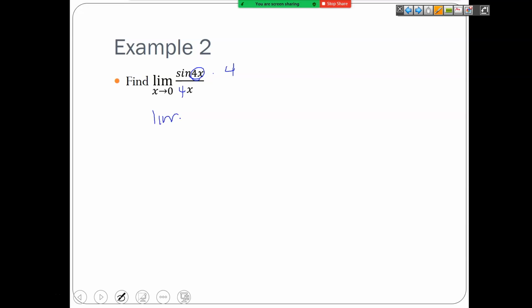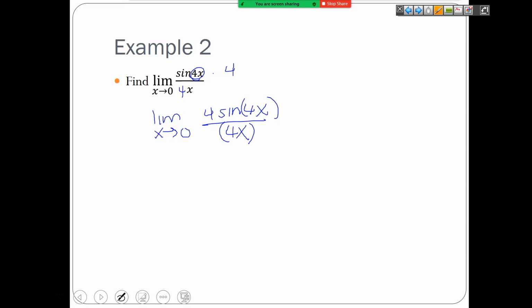So this is equivalent to the limit as x approaches 0 of 4 sine 4x over 4x now. Well, sine of 4x over 4x is the same as sine of x over x, as long as the number inside the angle matches the number in the denominator, that limit becomes 1.